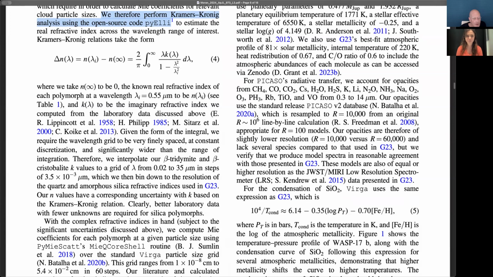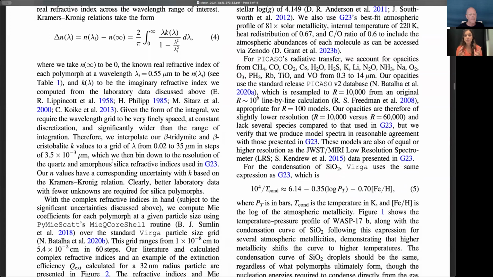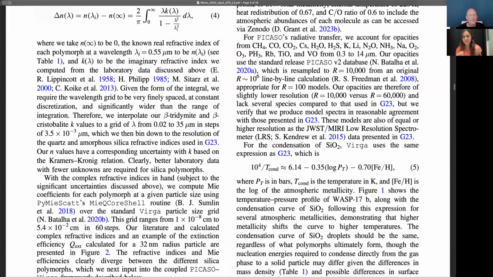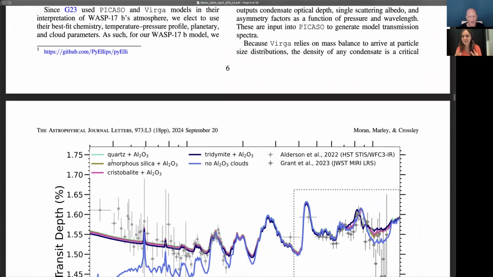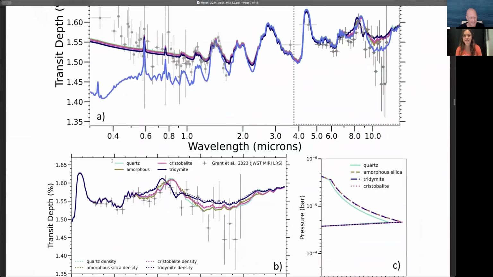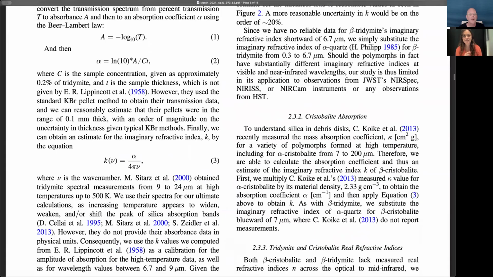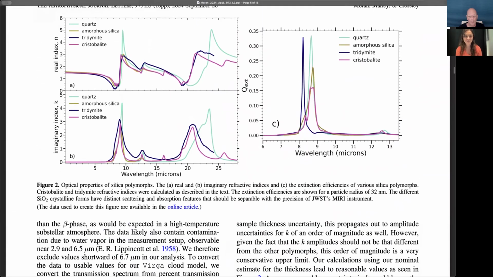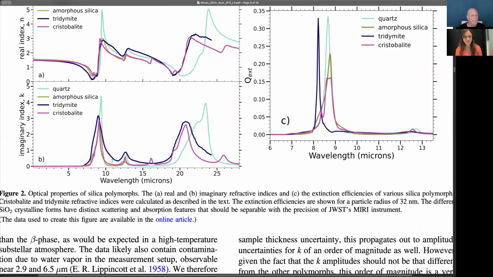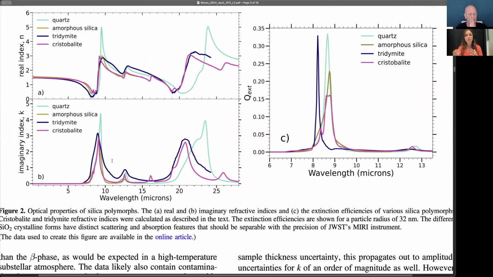Okay, nice. So then if we go and look at figure 2, we can actually see the results of all of this laboratory data mining and investigation I did. The left plots are the results of the real and imaginary refractive indices that I calculated from the laboratory data, compared to each other.